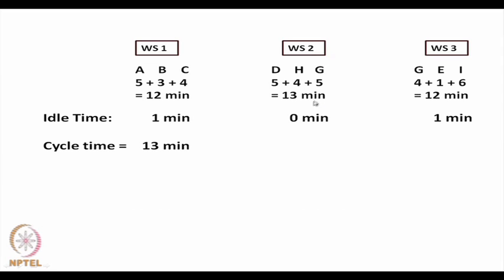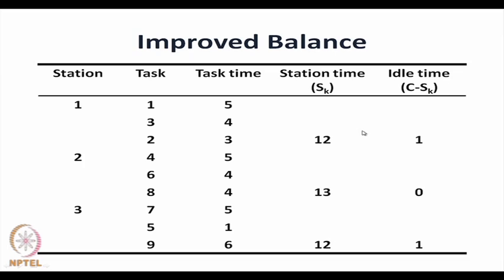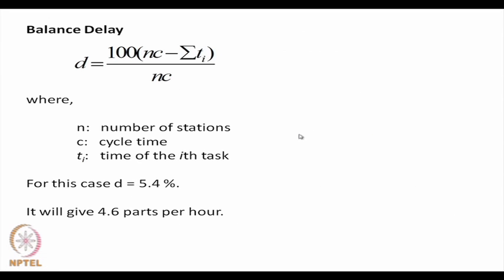So, resulting in 13 minutes here and 12 minutes there. The cycle time reduces to 13 minutes, therefore, the production rate will improve. The idle time is now reduced to 1 minute for workstation 1 and 1 minute for workstation 3, and here of course it is 0 minute. So the improved balance is what I have given here.